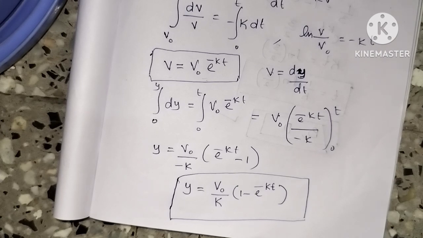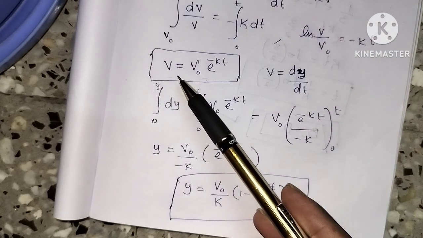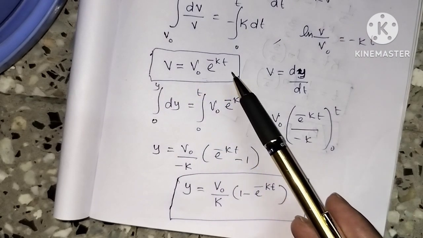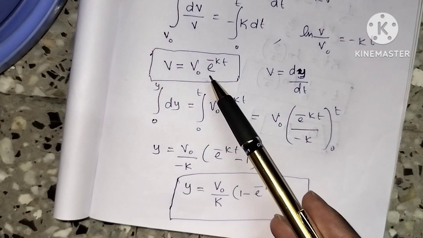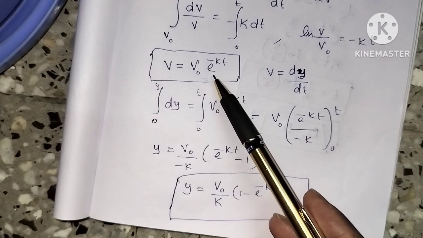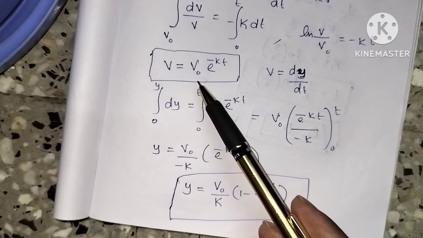First option, what they asked: if V0 is equal to 1.5 KL, the loop will stop before it enters completely inside the region of magnetic field. This is the wrong option because the velocity of the loop is decreasing exponentially. It will become rest at infinite time, but the loop length is finite.